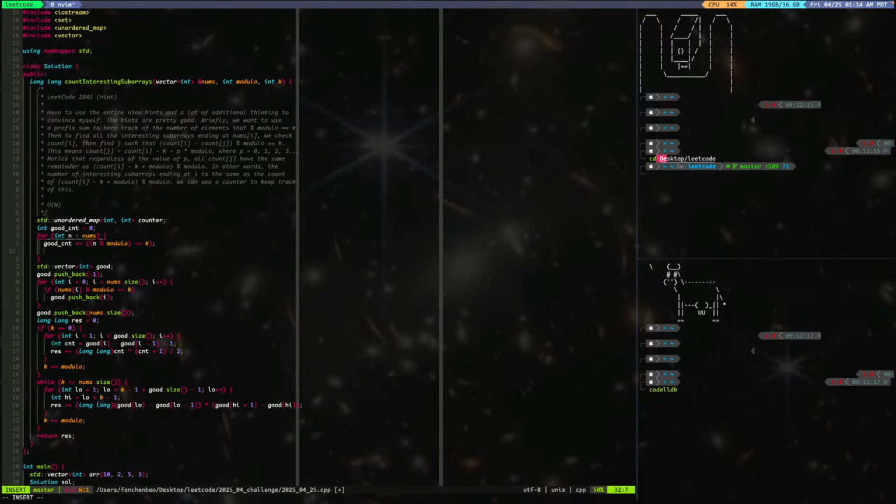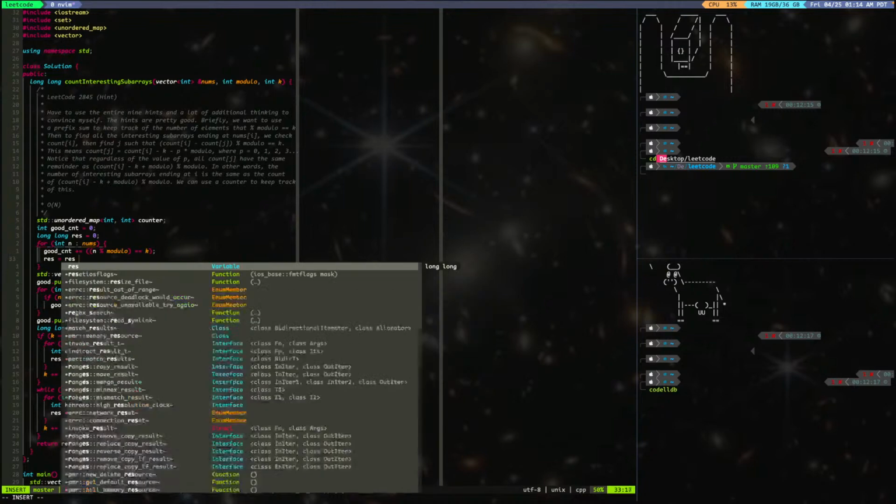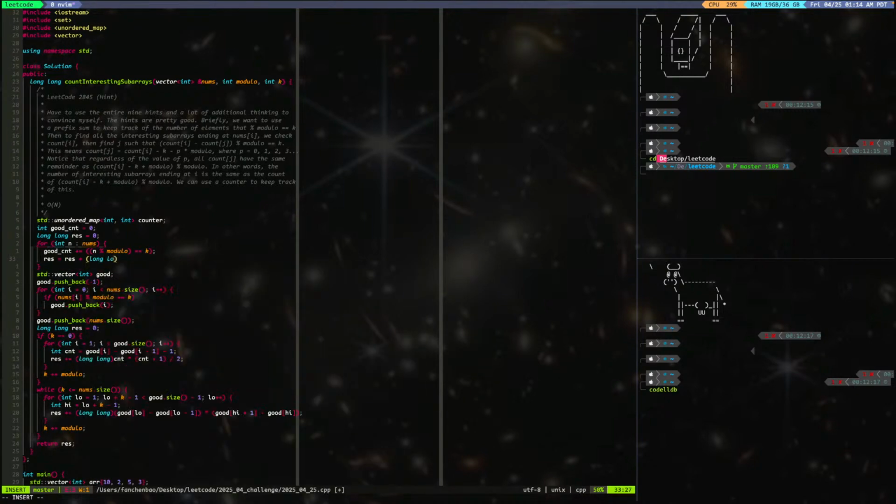And mod modulo equal to k? If it is, then we include the good count. And then we say res equal to long, res plus long counter good count minus k plus modulo, mod modulo.